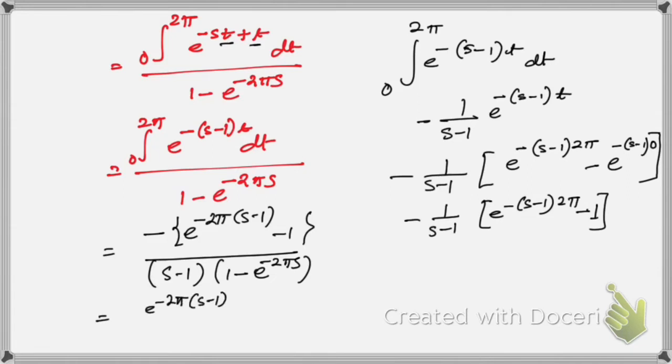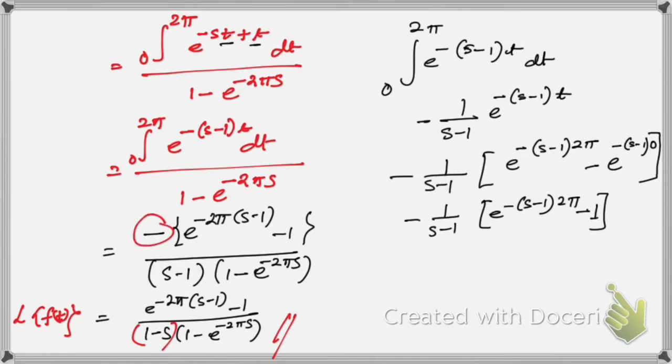If you simplify this, this is the result after simplification. Here this should be written as 1 minus s.